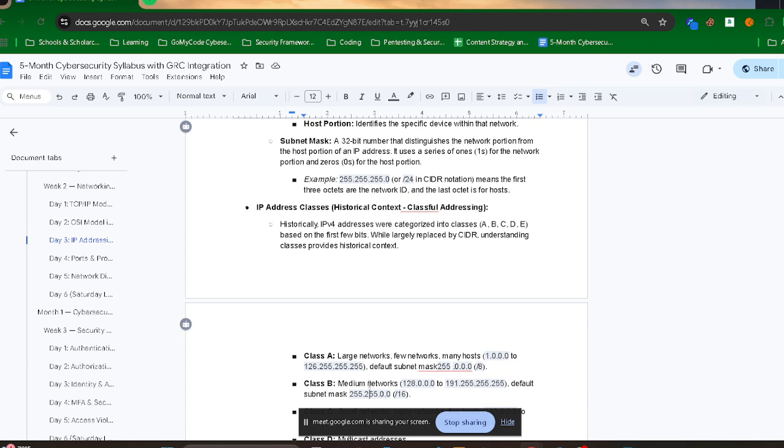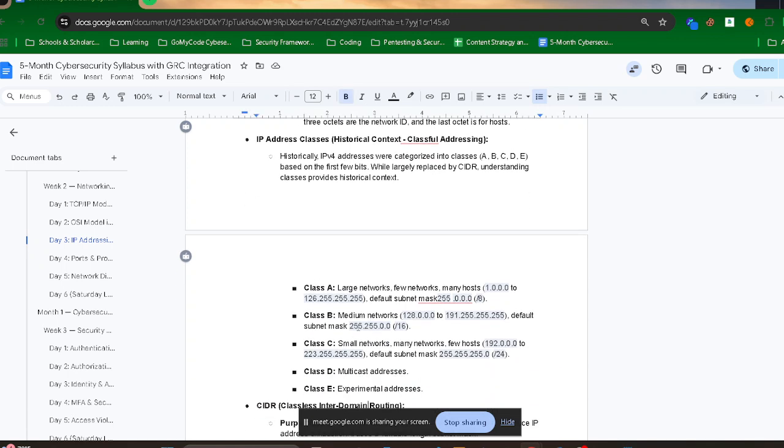And then we have class B, a medium network, which is from 128.0.0.0 to 191. What this CIDR notation number means is that it identifies the number of ones in the subnet.